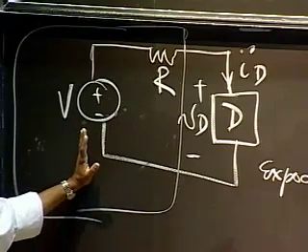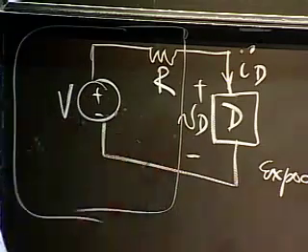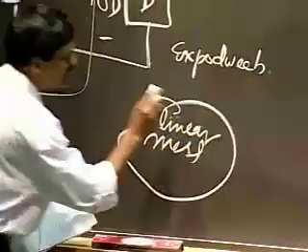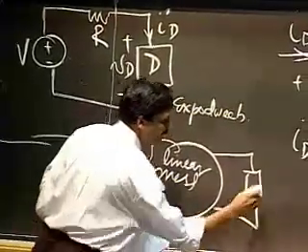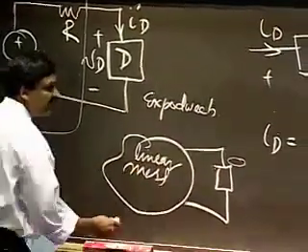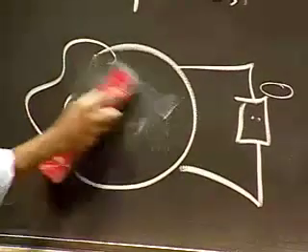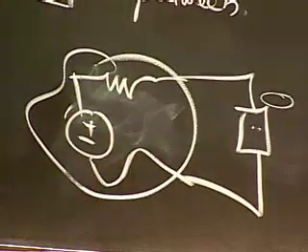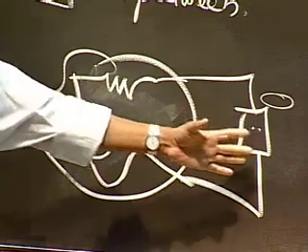Just remember, the reason we keep looking at this pattern is that whenever you have some big linear mess connected to some interesting device, if all you care about is analyzing the behavior of that device, you can take this linear mess and simply figure out the Thevenin equivalent, or the Norton equivalent if you like, replace this whole thing with its equivalent, and then go ahead and analyze it.